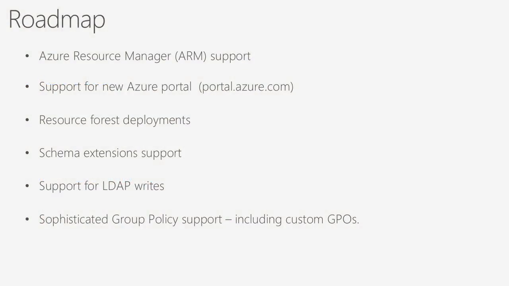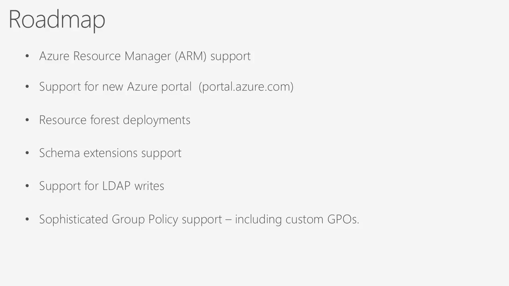So in terms of the roadmap, and we've touched on a couple of these points, support for the new portal and ARM and PowerShell, the new PowerShell from ARM and ARM templates, it's coming. It's just not yet there. The product group, as I said before, are very good at prioritizing based on feedback, and so we'll expect to see these features coming very soon.